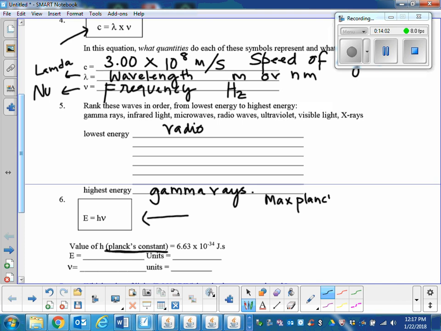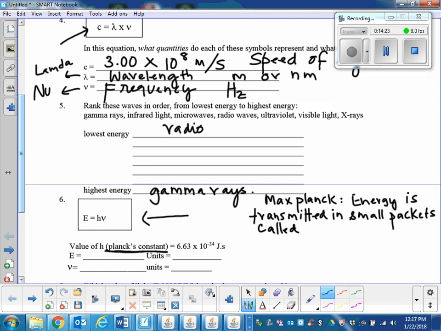Energy is transmitted in small packets called quanta. To give you an example, heat energy, when we heat something up.